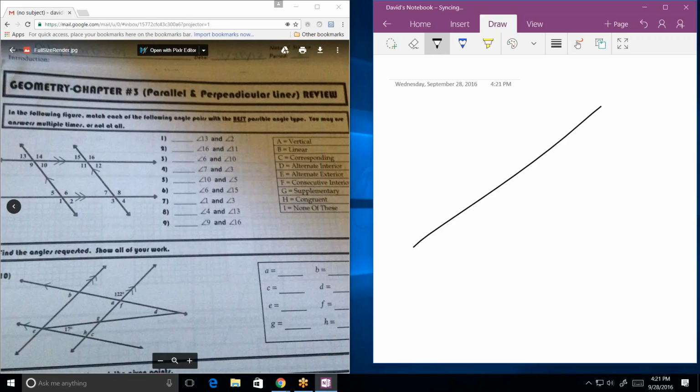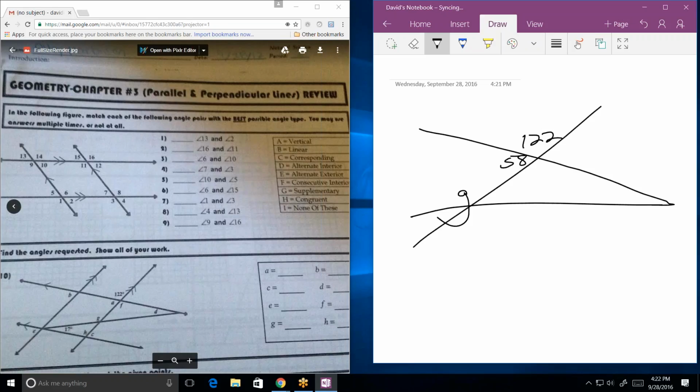There's the line. There's that. And there's that. Okay? And they're asking about angle G. And we know that's 122. We know that's 58. We came up with D already as 17.